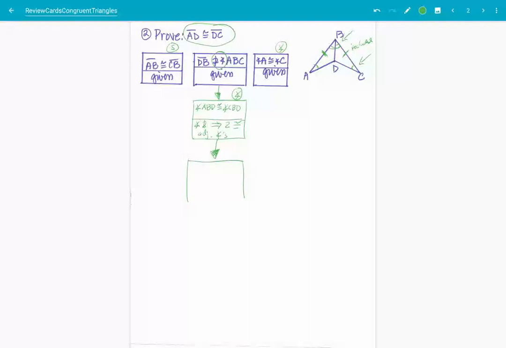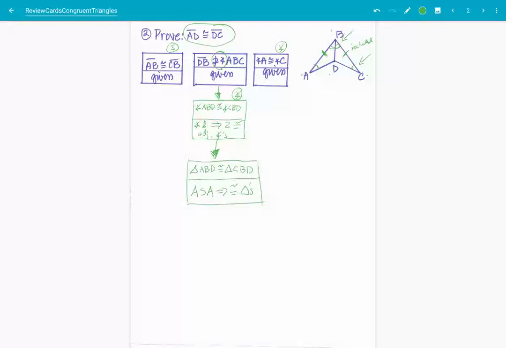So now I prove that triangle ABD is congruent to triangle, well, if I call this one ABD, then I need to go in the same order over here, CBD. And I used angle, side, angle, and that proves that I've got congruent triangles.